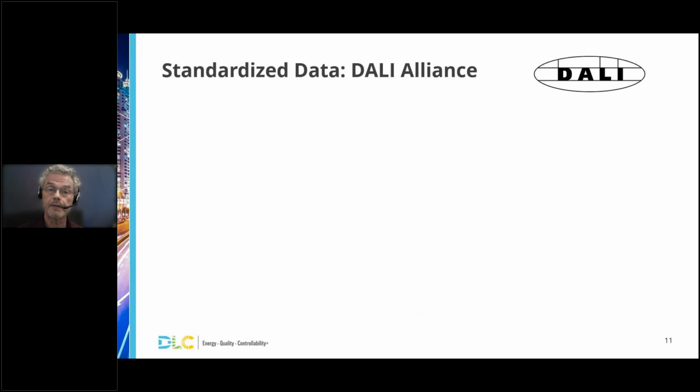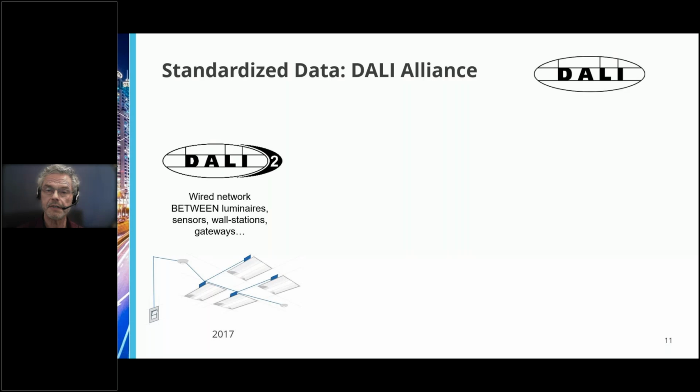The DALI Alliance promotes DALI, Digitally Addressable Lighting Interface, for digital communication between lighting control devices. DALI-based wired lighting control systems are common in Europe, and recent developments are gaining popularity in North America. In 2017, the DALI 2 protocol was published for wired networks between luminaires and other devices.